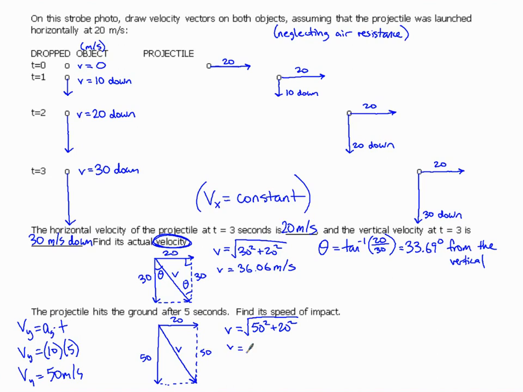And so the velocity comes out to 53.85 meters per second. You'll notice that this one is asking for the speed of impact, not the velocity. What is the speed of the impact? And speed is a scalar, which means it does not include direction. So we don't have to find the direction.